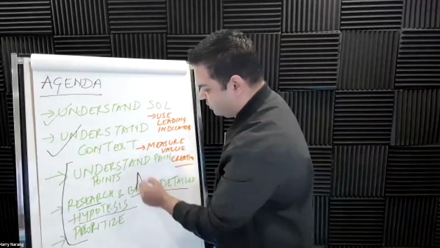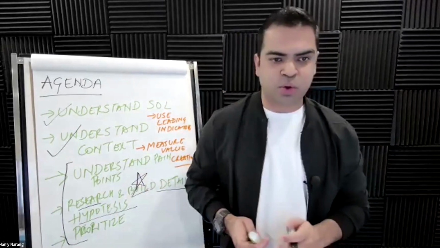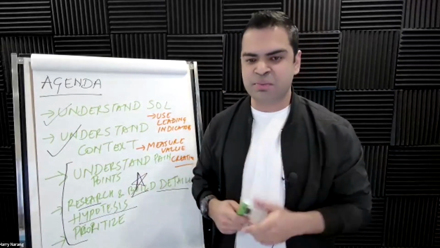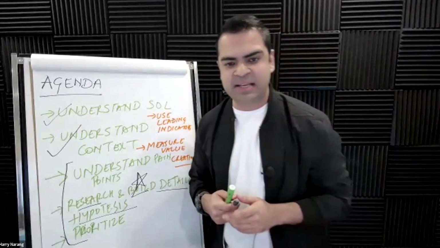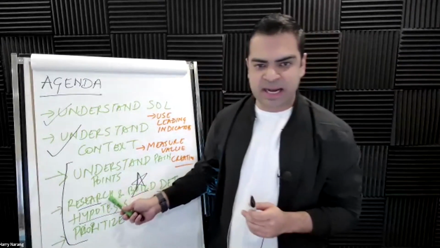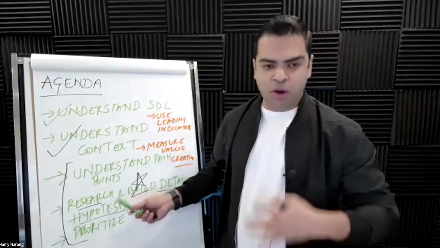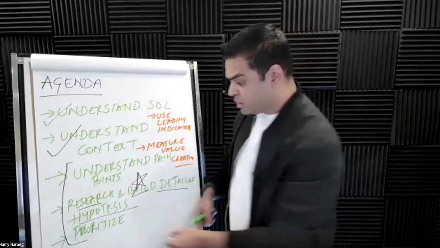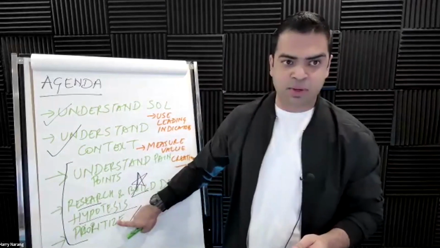This would be one of our primary focus areas over the course of this session. How do we use research, customer understanding, different techniques to build detailed hypotheses of different things that we want to potentially invest in? We'll talk about prioritization over here.